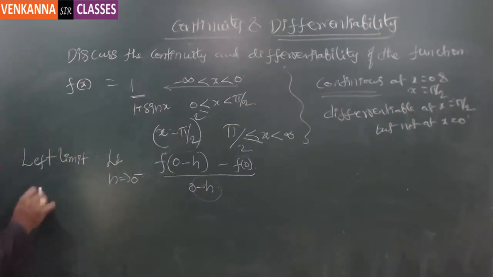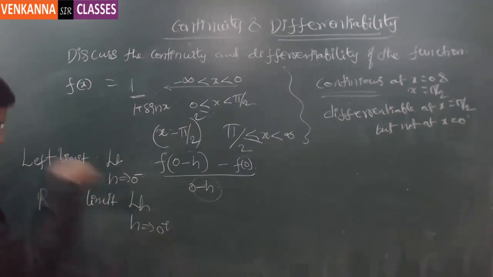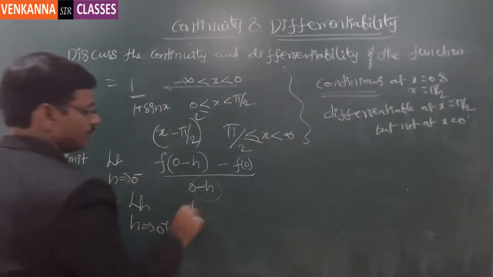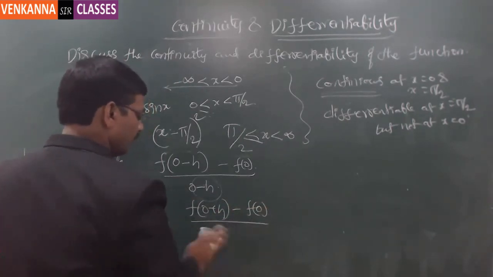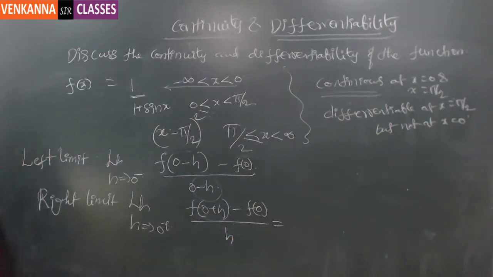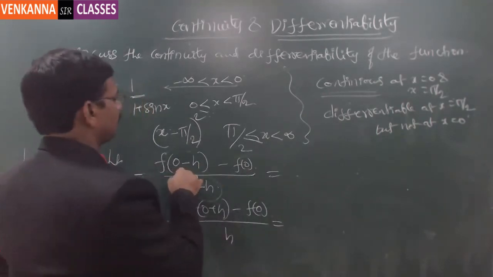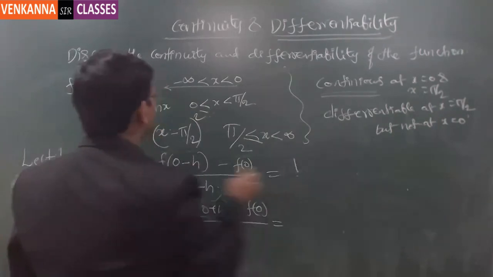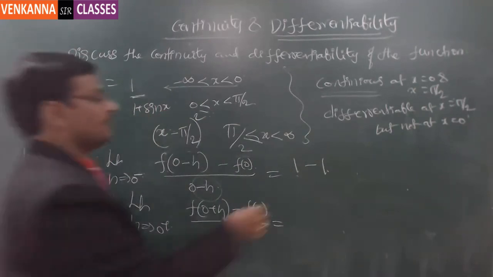And the right limit will be limit h tends to 0 plus, f of 0 plus h minus f of 0, divided by h. Now what is this value? For f of 0 minus h, this is 1, and f of 0 is again 1 because sin 0 value is 1, divided by minus h.